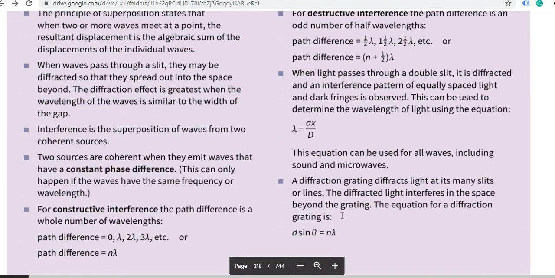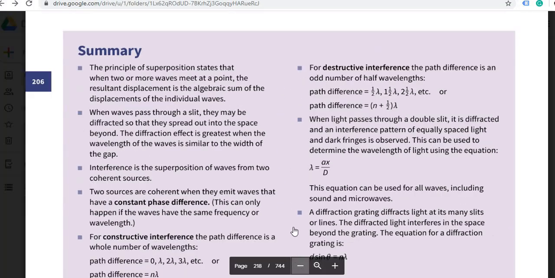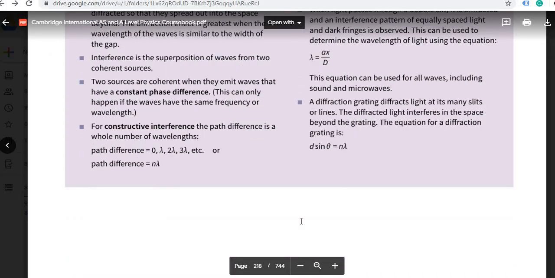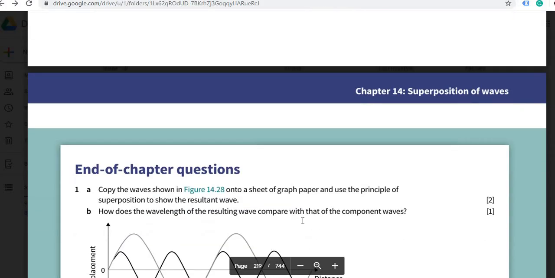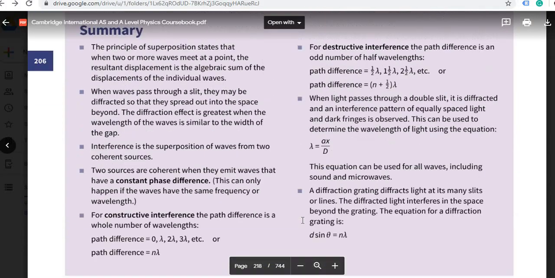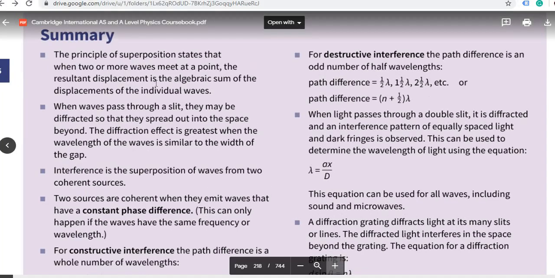Okay, so let's quickly go through the summary, because this way you will have a good understanding of what you are coming across in this chapter, and it will be easy for you to understand this chapter. The principle of superposition states that when two or more waves meet at a point, the resultant displacement is the algebraic sum of the displacements of the individual waves.